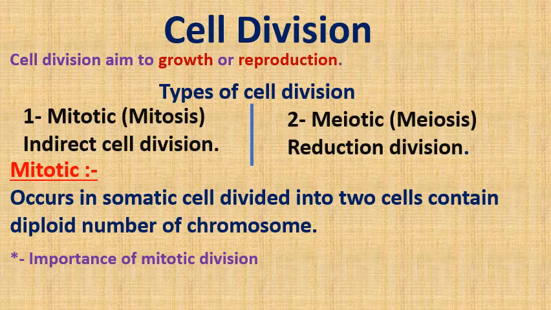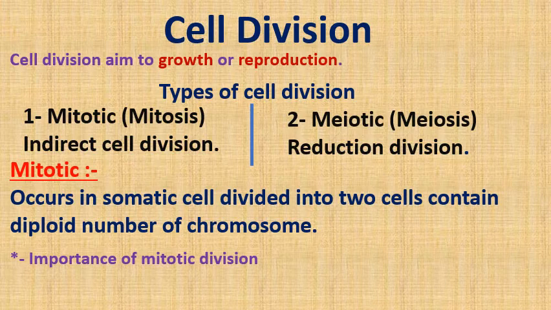This is called the diploid number of chromosomes. The diploid number is the opposite of haploid number of chromosomes. Haploid number means half the number of chromosomes. If I start with 46 chromosomes, I end with 23 chromosomes.